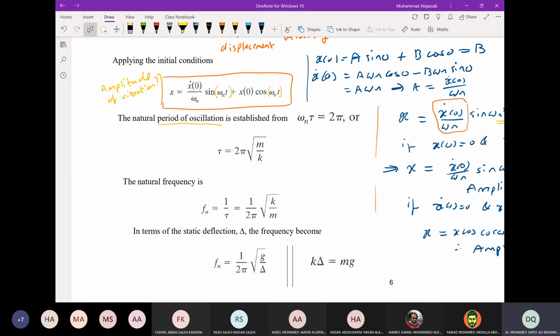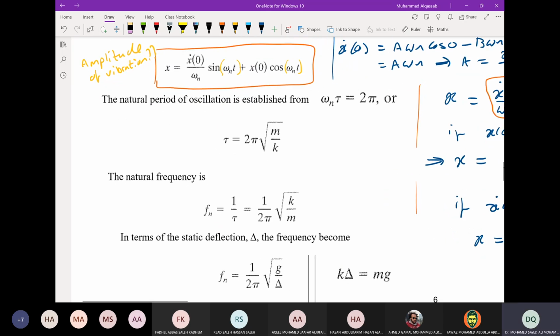So you put omega n t equal to 2 pi, we call t equal to tau. When omega n t equal to 2 pi, we give a name for that time. That is tau. So it is one period. It means that we have omega n t equal to 2 pi, and t equal to tau.